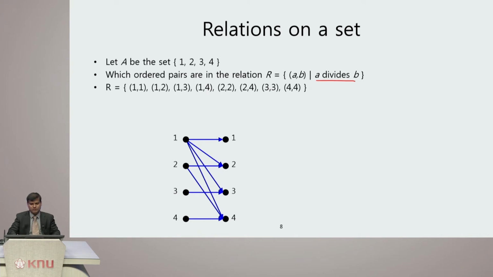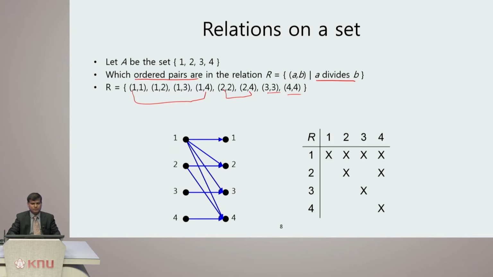The relationship established here in itself brings out ordered pairs. So a divides b for the given set 1, 2, 3, 4, and we are developing these ordered pairs.